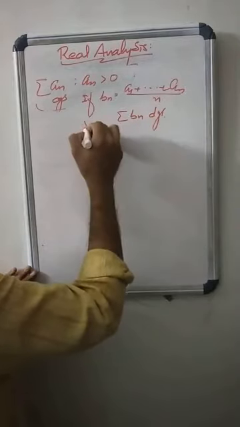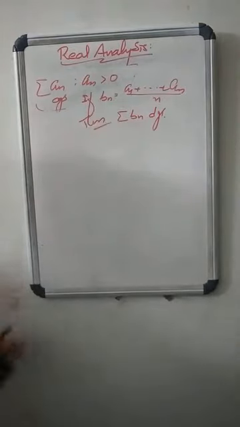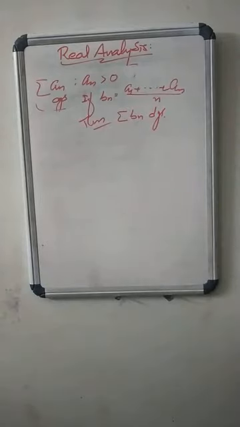How to prove this? It's an interesting result. When sigma a_n with a_n greater than 0 is convergent, and b_n is a_1 plus etc. plus a_n by n, then sigma b_n always diverges. How?